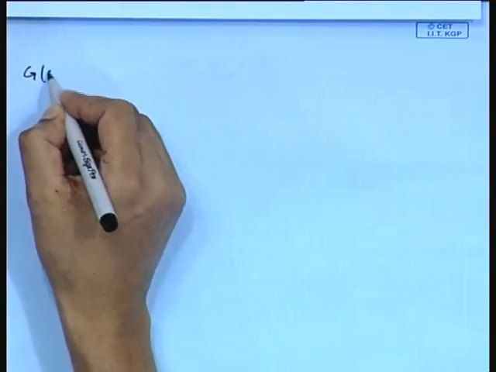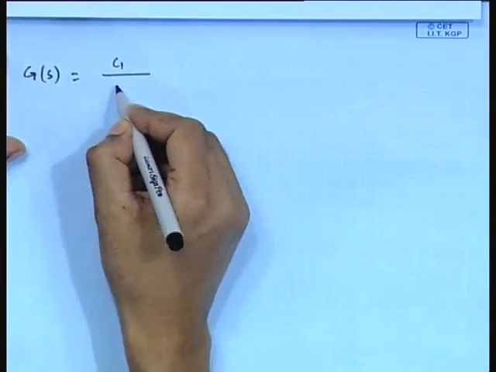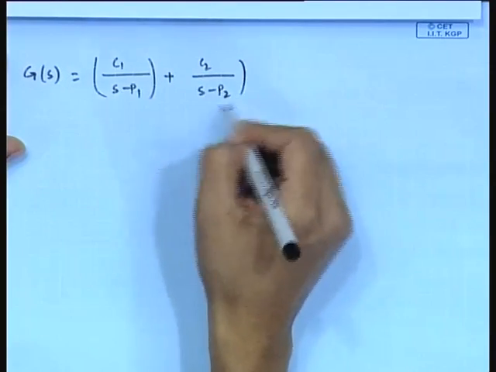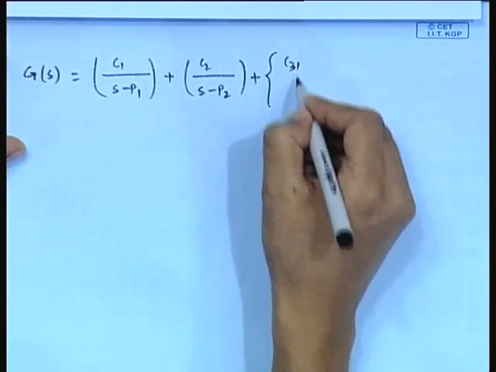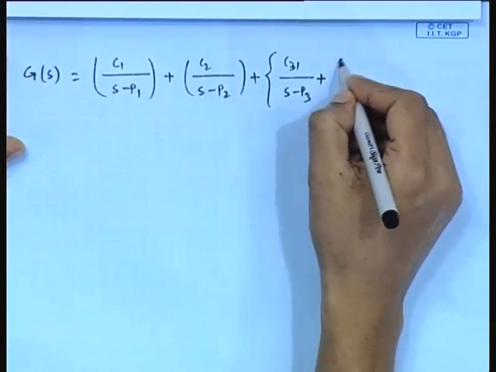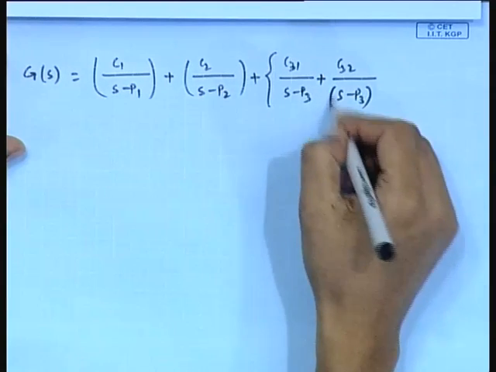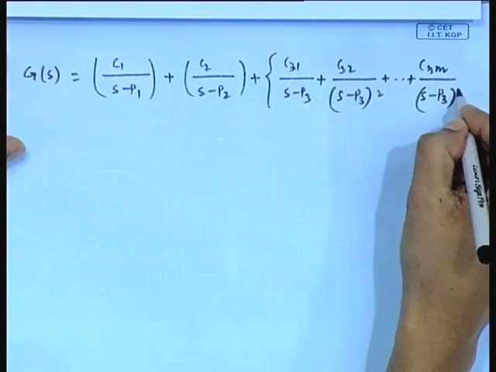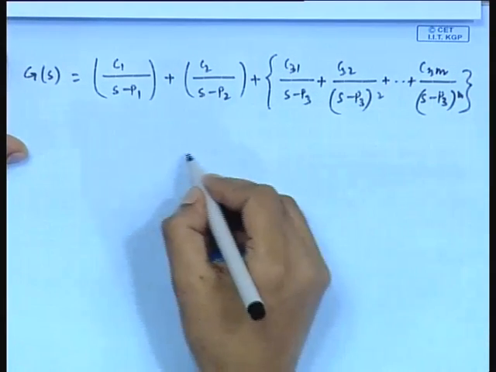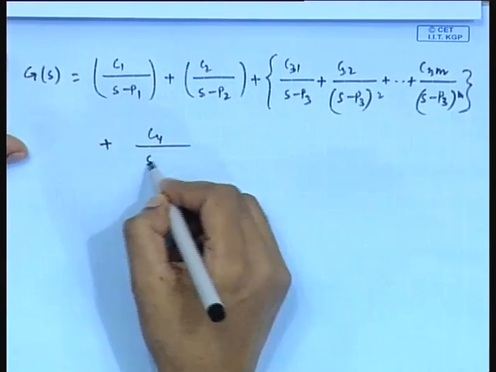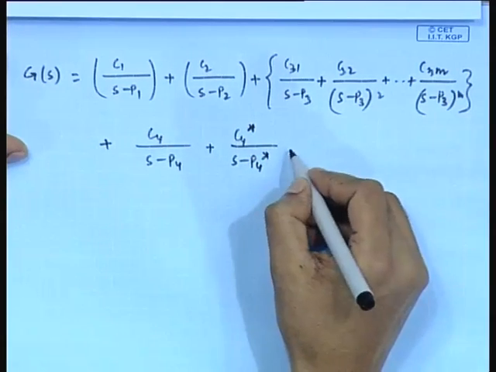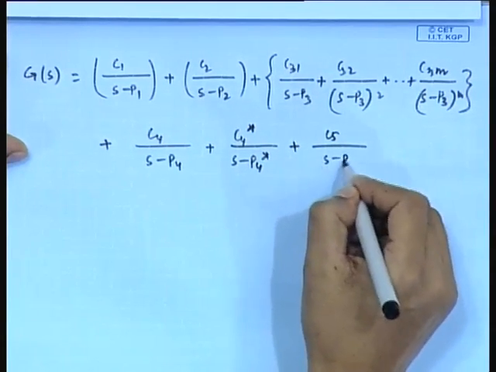I am writing again that G(s) equals C_1/(s minus p_1), C_2/(s minus p_2), plus C_31/(s minus p_3), C_32/(s minus p_3) whole square, last term C_3m/(s minus p_3) whole to the power m, plus C_4/(s minus p_4), C_4 star/(s minus p_4 star), plus C_5/(s minus p_5).